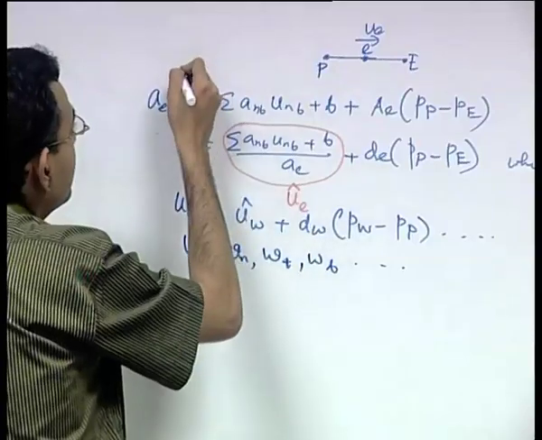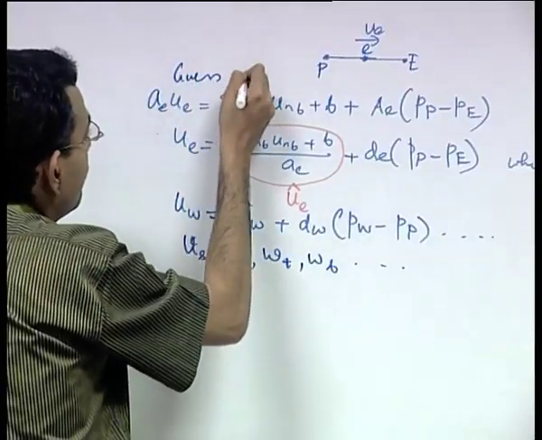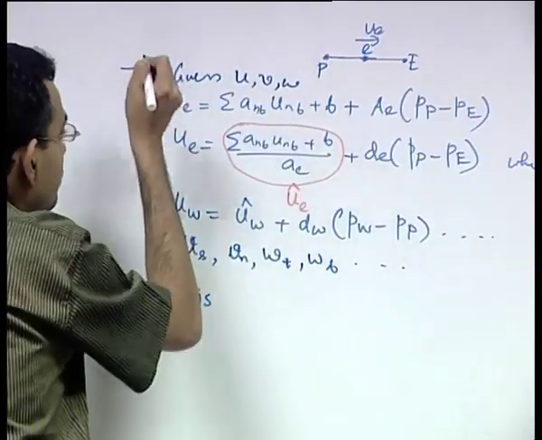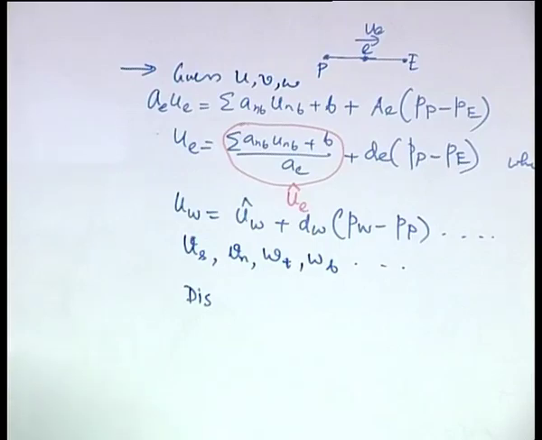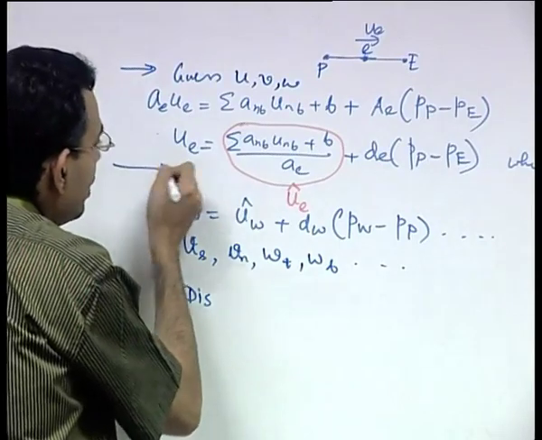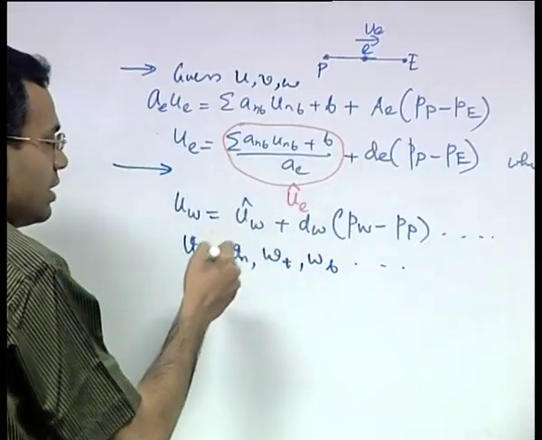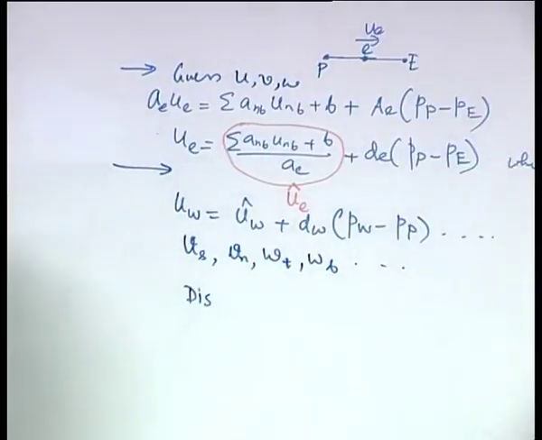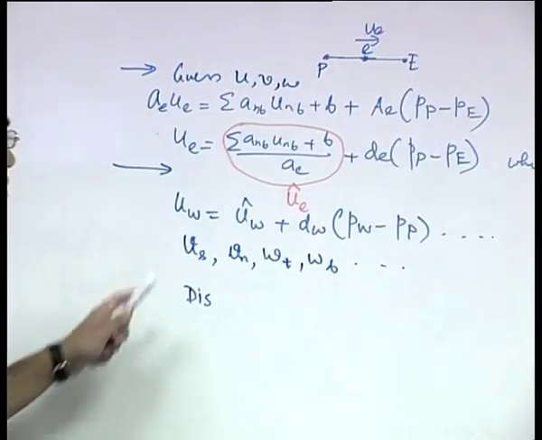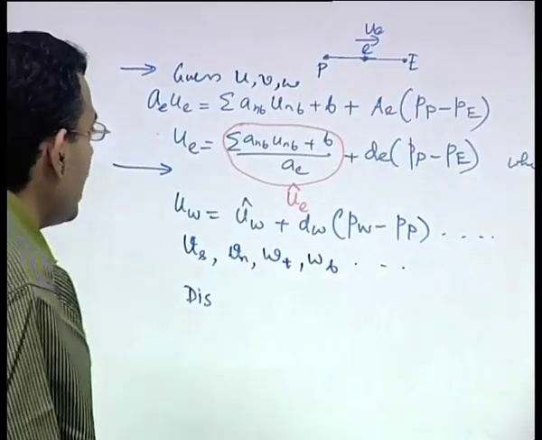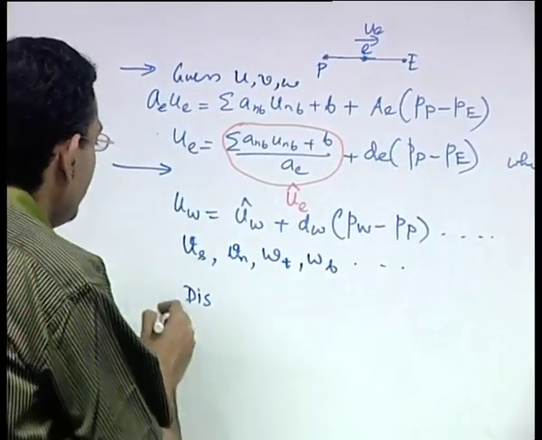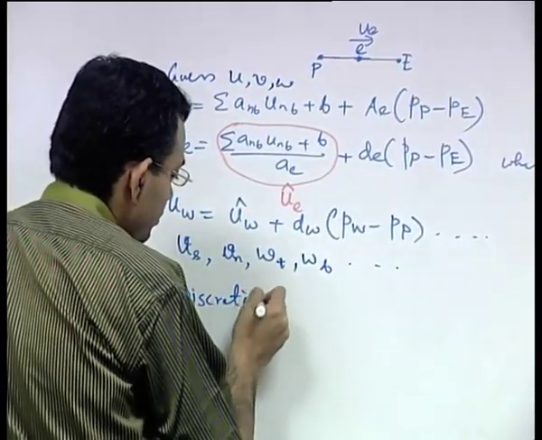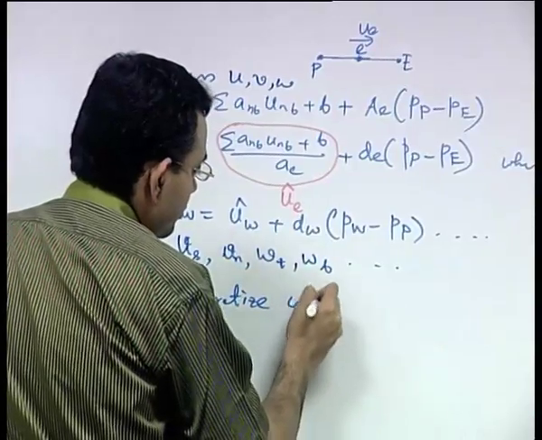So the first step was to guess the velocity field U, V, W. Then, based on the velocity field, you calculate the u hat, v hat, w hat. Those are straightforward calculations. Once you calculate u hat, v hat, w hat, after that you discretize the continuity equation.